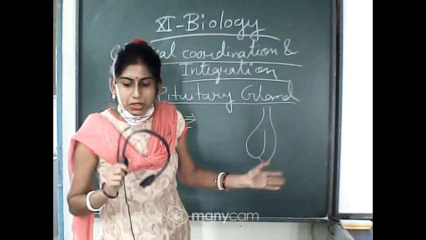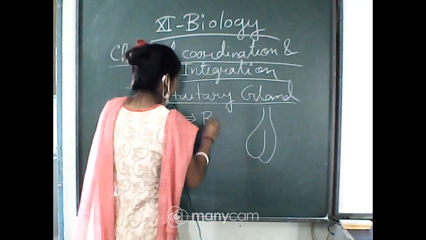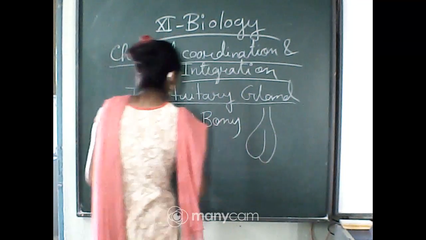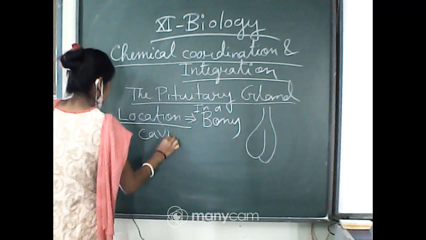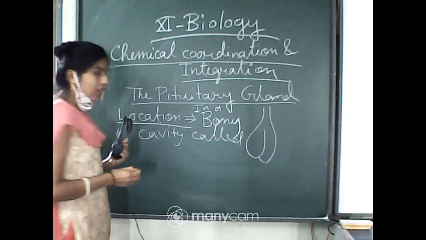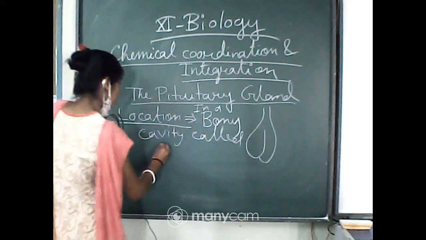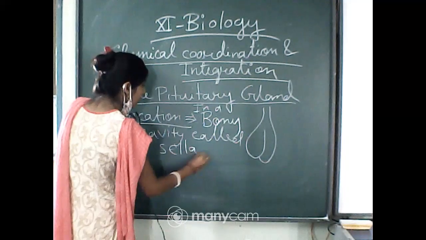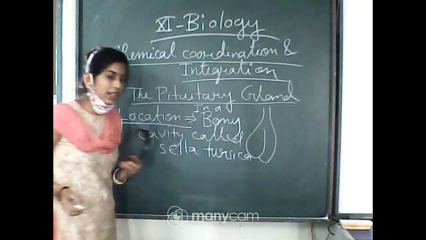So pituitary gland is located in a bony cavity called sella turcica. The name of the bony cavity is sella turcica.